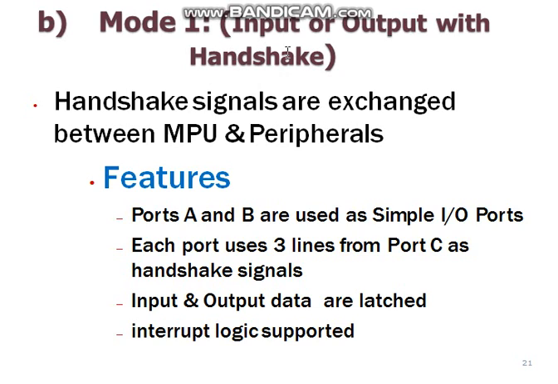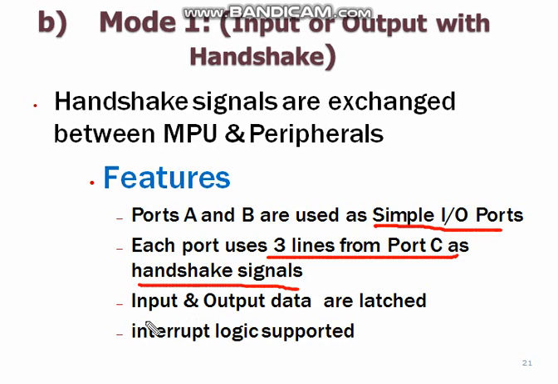input output with handshaking. What do you mean by handshaking? I will be interrupting my microprocessor with the help of these handshaking signals. That is called handshaking. Here your port A and port B will be used as simple input output ports. Along with this, three lines of port C will be taken for handshaking or interrupting signals, which are going to interrupt my microprocessor.